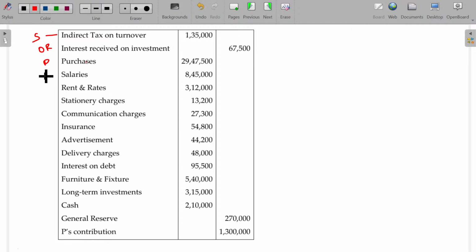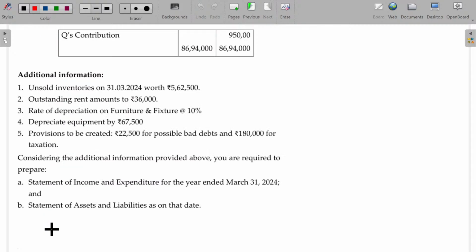Purchases, salaries, rent, stationery, communication charges, insurance, advertisement, delivery charges, interest on debt. All these are normally expenses debited to the P&L account, but here second half we are going to post. Furniture, fixtures, assets, long-term investment, investment asset, cash asset, and general reserve, owners' contributions and partners' fund, P's capital contribution, and Q's capital contribution also capital.